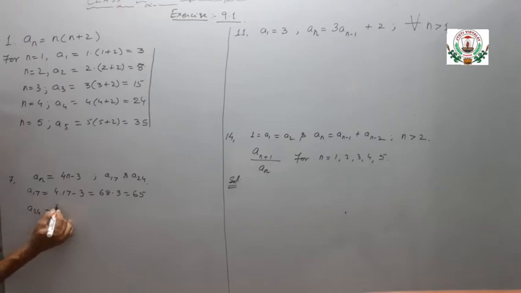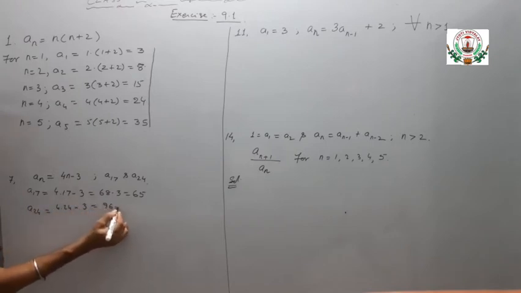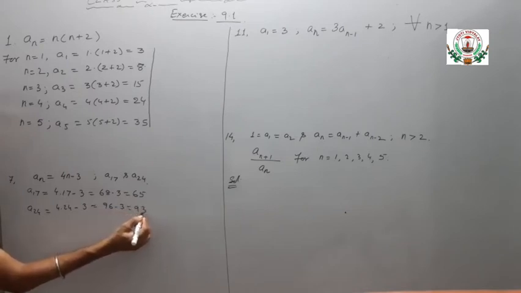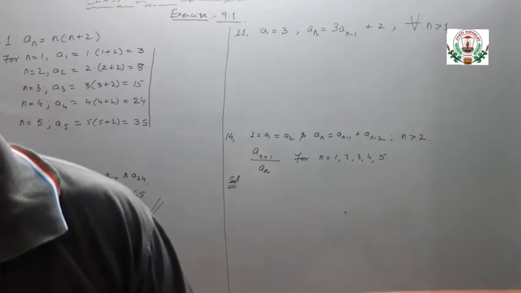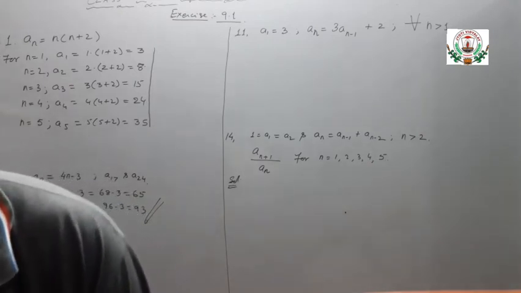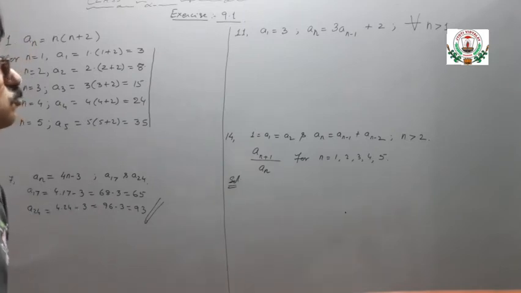A24, 4 into 24 minus 3, 96 minus 3 equals to 93. So that is your 7th question. In the same way, you have to solve question number 8 and question number 9.